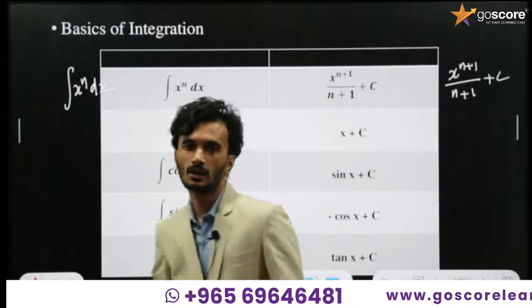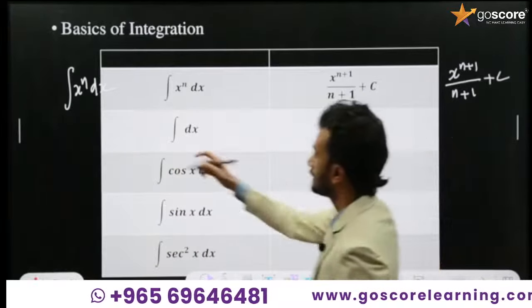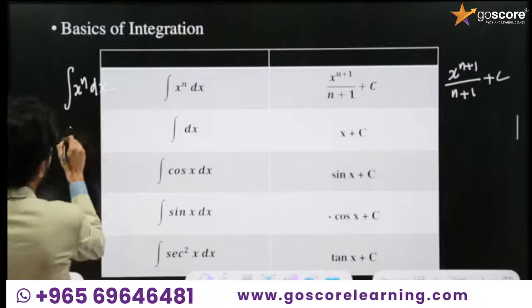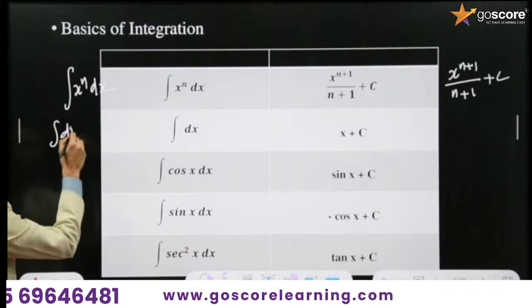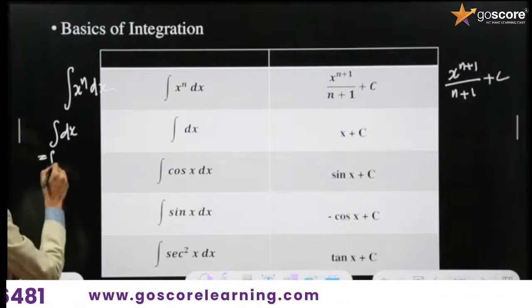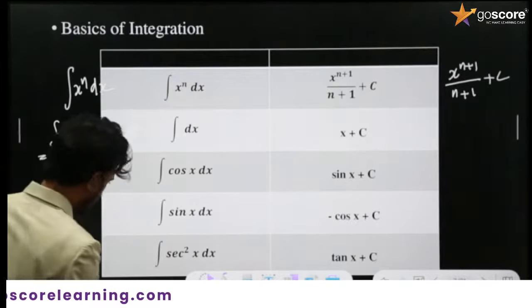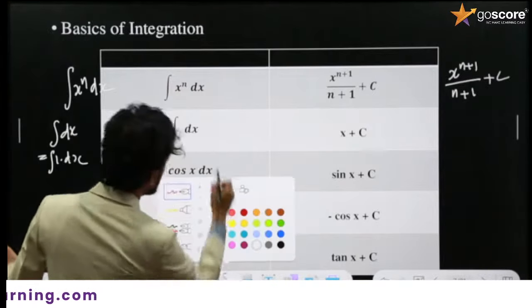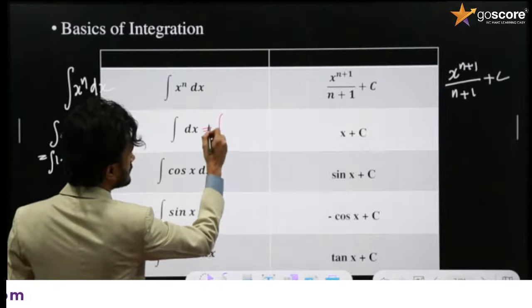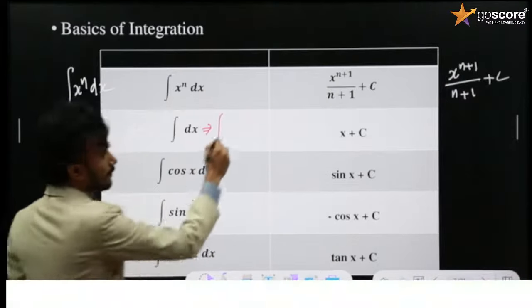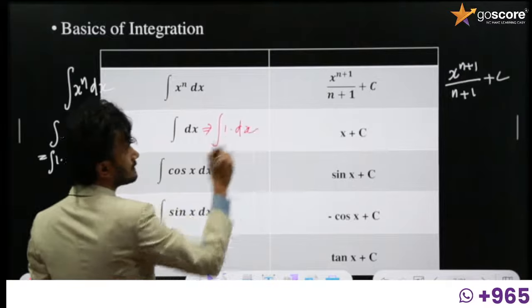Then integral of dx. What will be the integral of dx? Integral of dx means it is integral 1 into dx. Second one, integral of dx. Dx is 1 into dx.